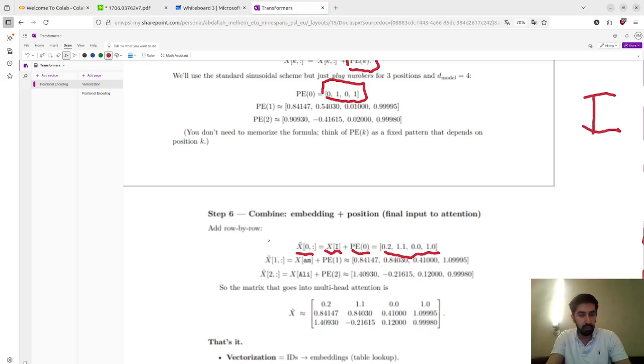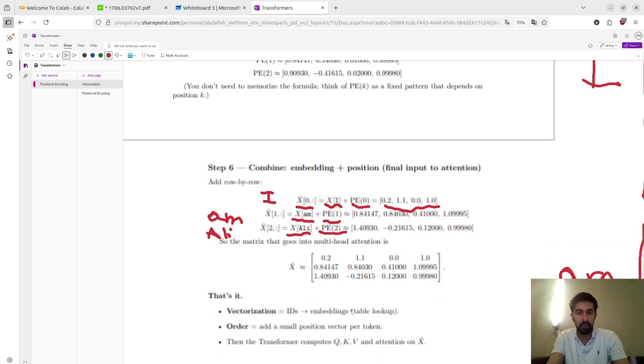This is for I. We do the same for am, just as I explained, by passing it through a neural network. Then we add the positional embedding that says I am at index 1. And for Ali, we do the same. We get x of Ali plus positional embedding of position 2. And that's it. We got our X matrix, and after we got it, we get the key, query and value as I explained before.